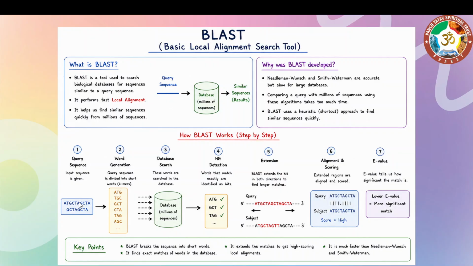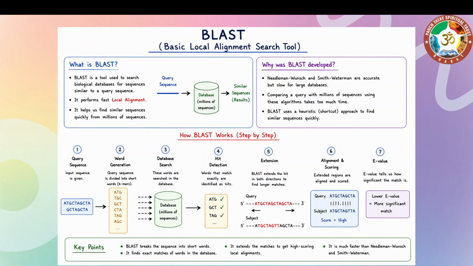Another problem is that we could use Smith-Waterman, which we already understand, to compare our sequence with every sequence in the NCBI, but it would be extremely slow. So there is a time problem and an effort problem as well.